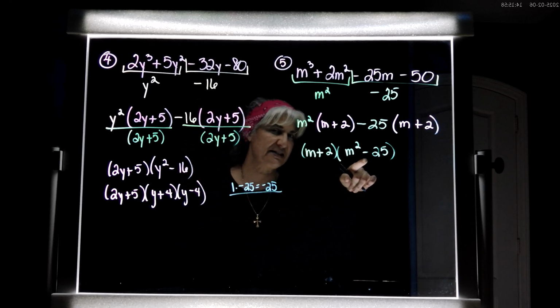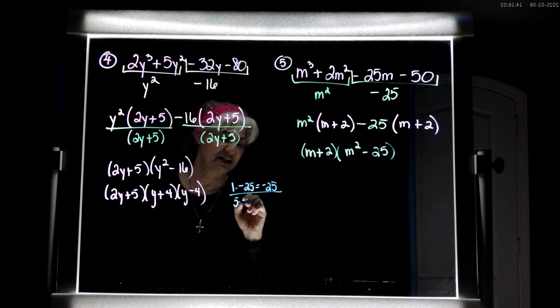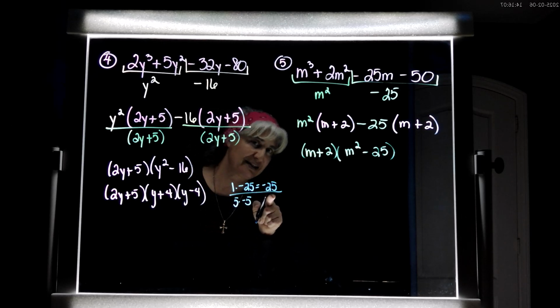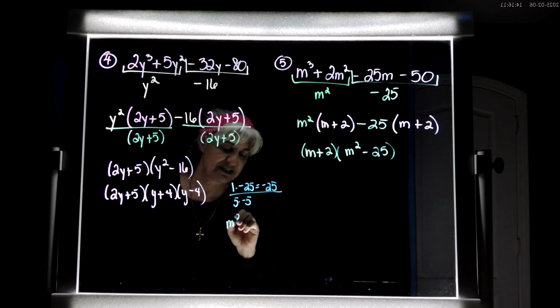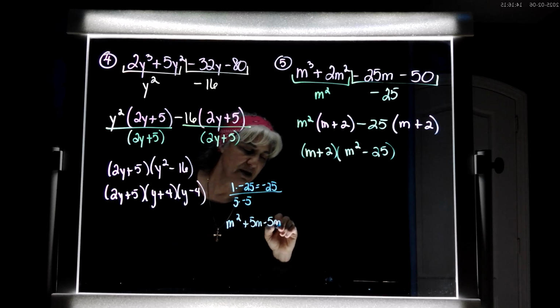And technically there's a 0 in the middle, right? So wouldn't that be a positive 5 times a negative 5 that adds to 0, but multiplies to negative 25? So couldn't this be rewritten as m squared plus 5m minus 5m minus 25?